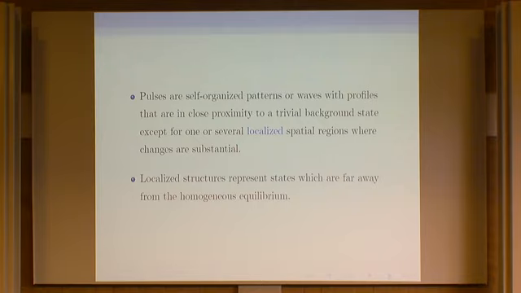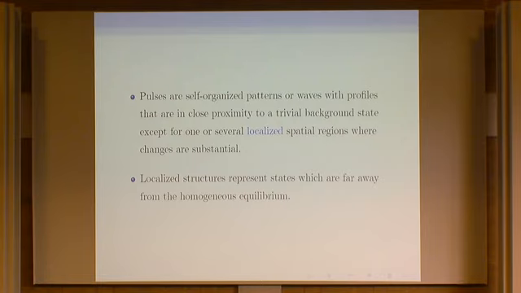So we have seen several pictures of pulse self-organized patterns or waves. The profile of such a pulse basically stays very close to a trivial background, except for one or several localized spatial regions.